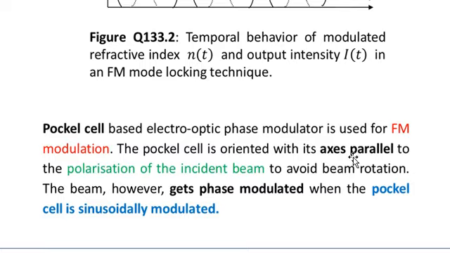Because if the axis of the Pockels cell is not parallel to the polarization state of the incident beam, then of course the polarization rotation will take place and we would not be able to perform the FM modulation. For the Pockels cell to perform the FM modulation, its axis should be parallel to the axis of the incident polarized beam, to avoid any beam rotation.